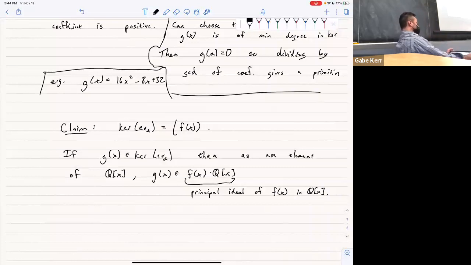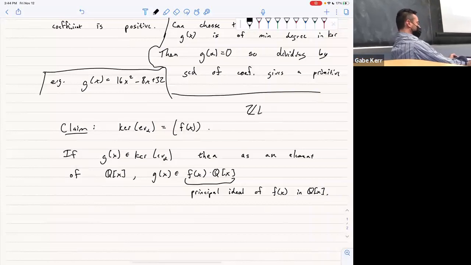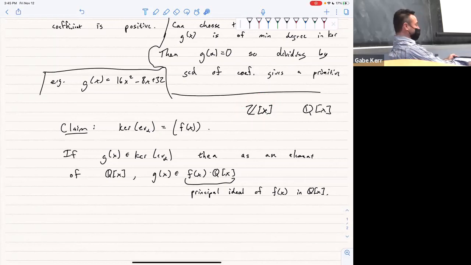So let me ask you guys, what are your feelings about this? If I say, what do you think of Z[x]? Honestly, you've been working with it for so long that you take Z[x] for granted.